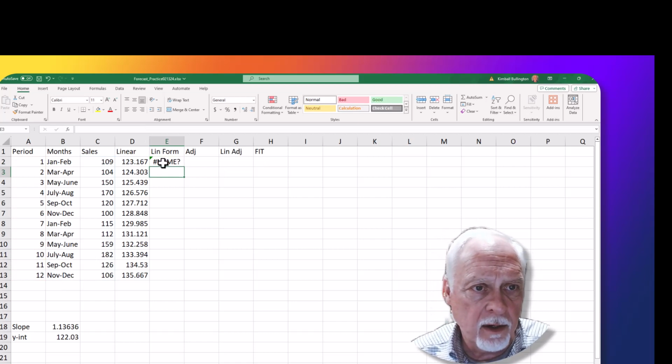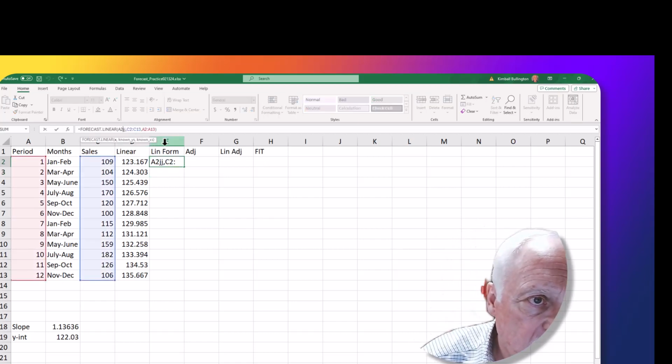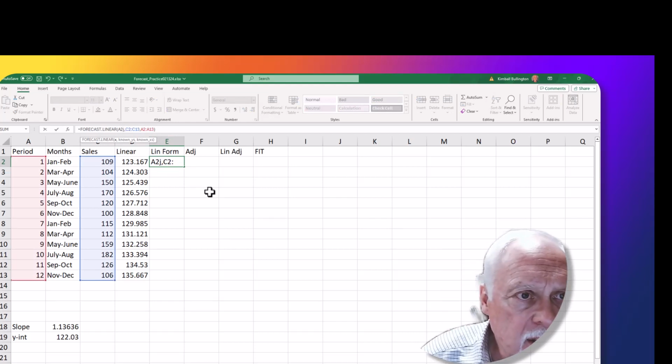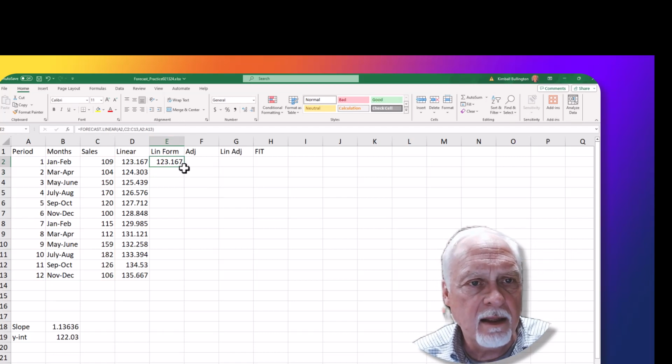And we hit enter, and for some reason I've got a couple of j's in there. I don't know where that came from. And you see that it's the same.